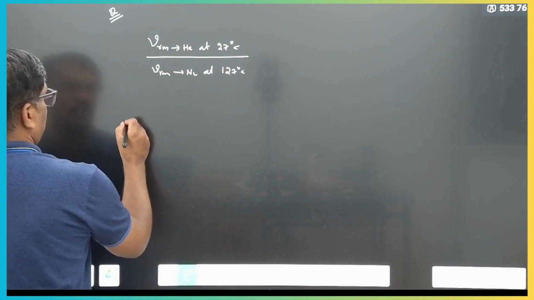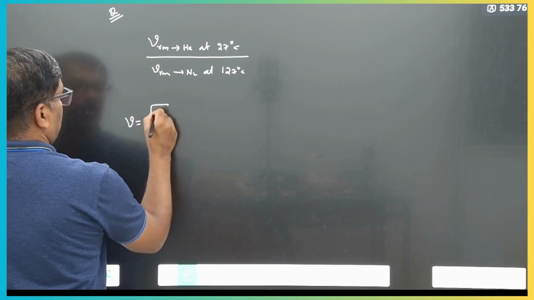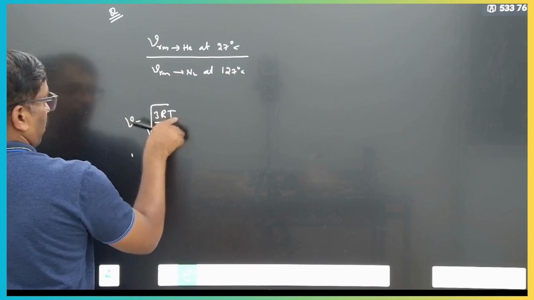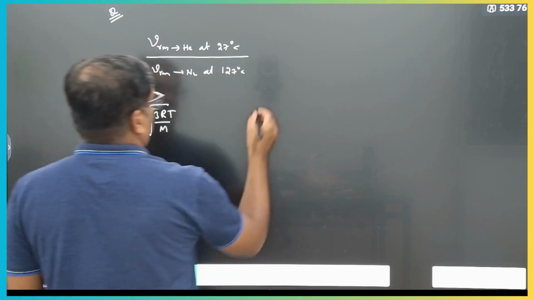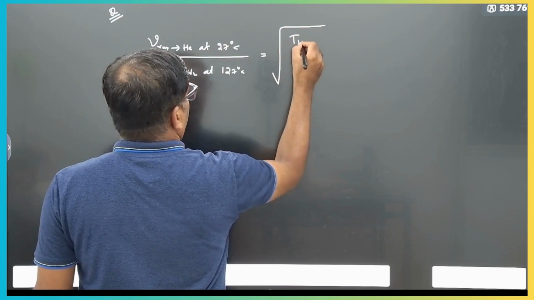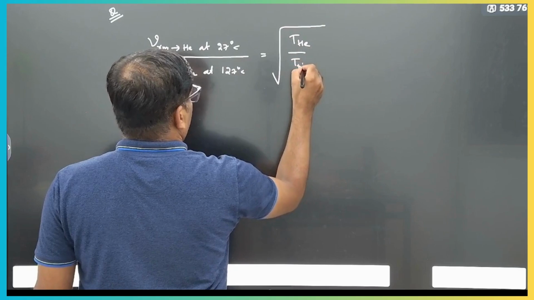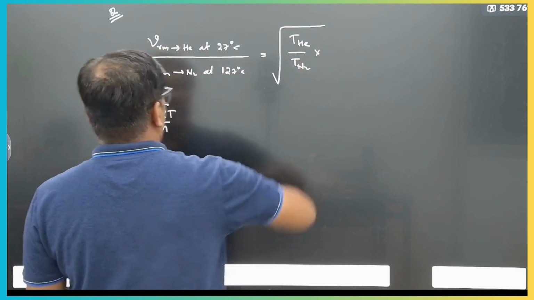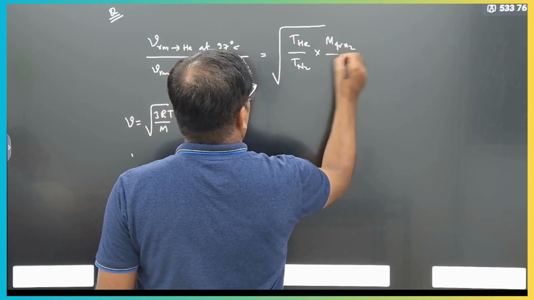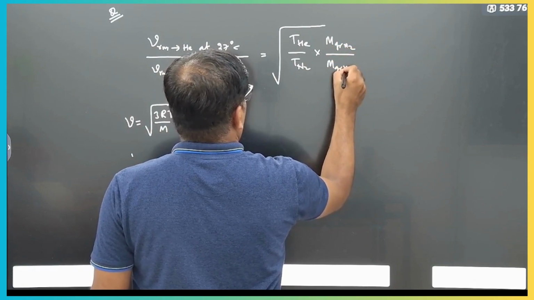See, we already studied now. RMS speed is nothing but √(3RT by M). So it is directly proportional to √T and inversely proportional to √M. So what can you write now? Directly proportional to √T: temperature of helium by temperature of nitrogen, into, inversely proportional, gram molecular weight of nitrogen by gram molecular weight of helium.